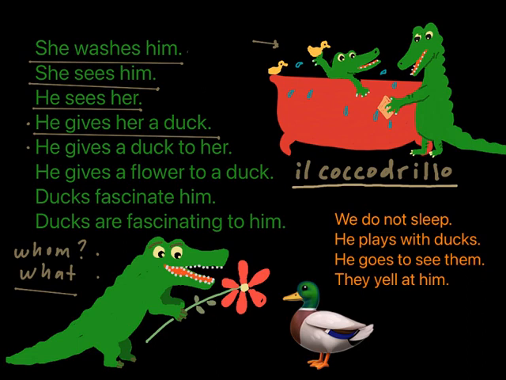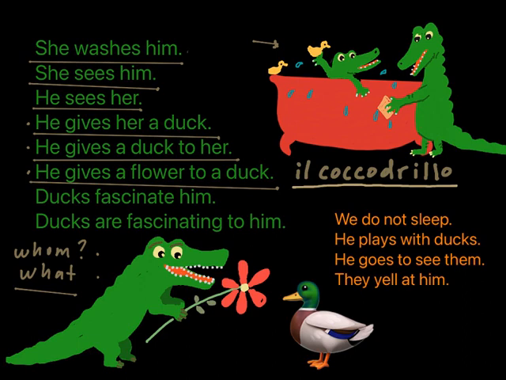All right, so we have talked about this sentence, and then we have a sentence: he gives a flower to a duck. Who does something? He answers the question who or what. Gives, the verb. Gives what? Gives a flower. That is the direct object, flower.